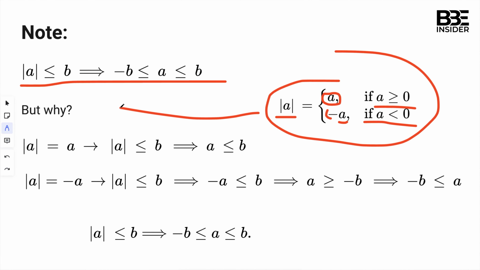Now we apply this property to the initial inequality, the absolute value of A is less than or equal to B. For that, we will check out two cases.